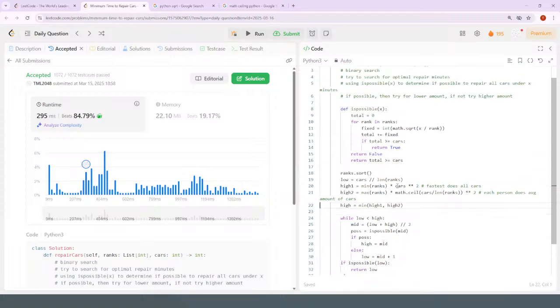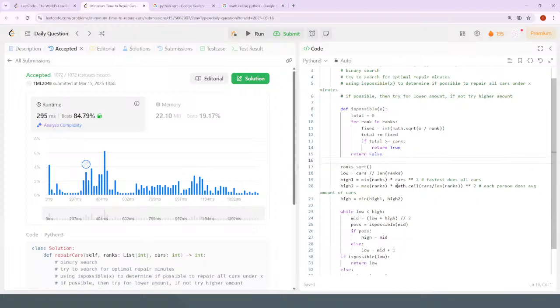How else could you do this? You immediately go for all the ranks, add up, fixed is equal to dividing the number by the square root.